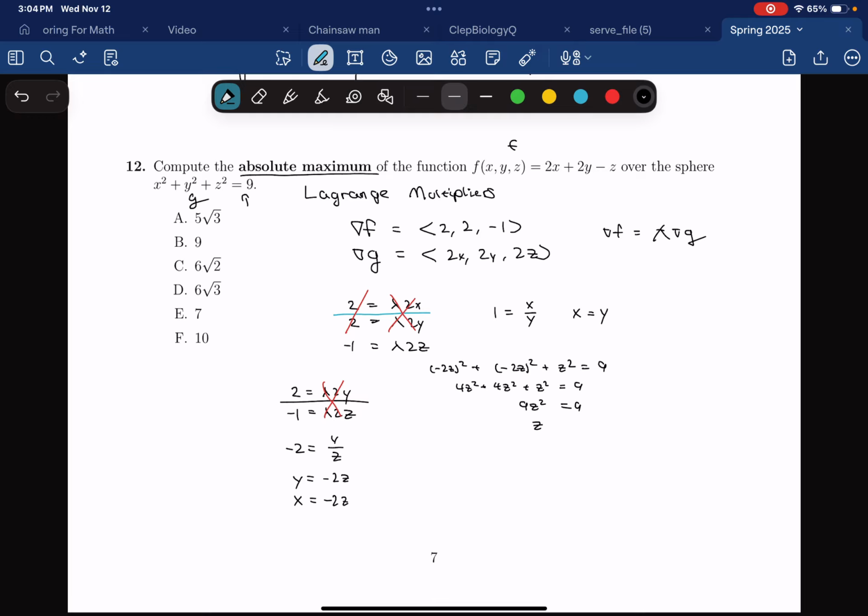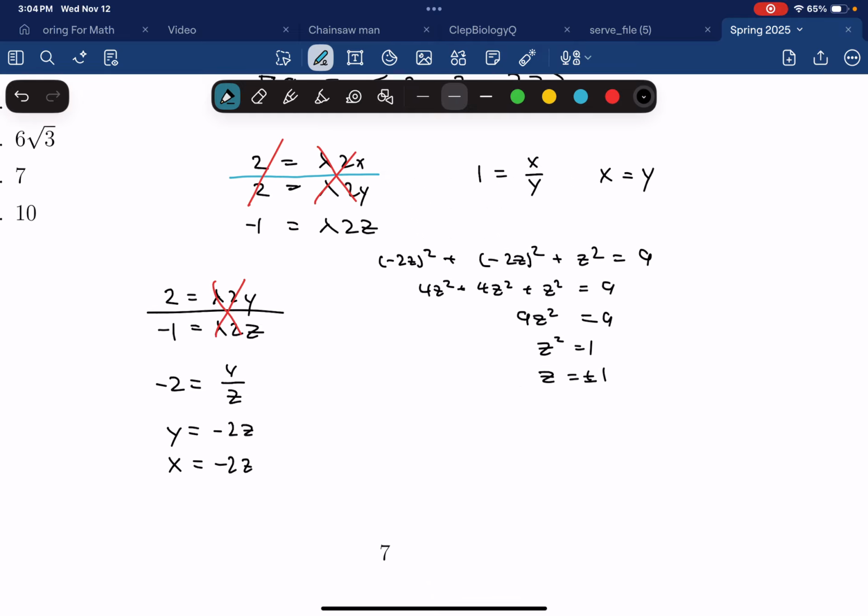So z squared is equal to 1, and z is equal to plus or minus 1. So we simply evaluate that. When z is equal to negative 1, y is equal to negative 2 times negative 1, which equals 2, which means that x is also equal to 2. In this case, our critical point will be 2, 2, negative 1.